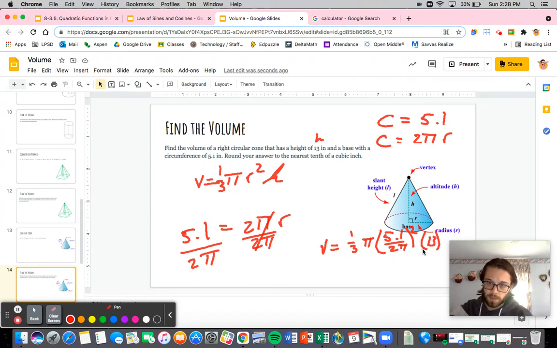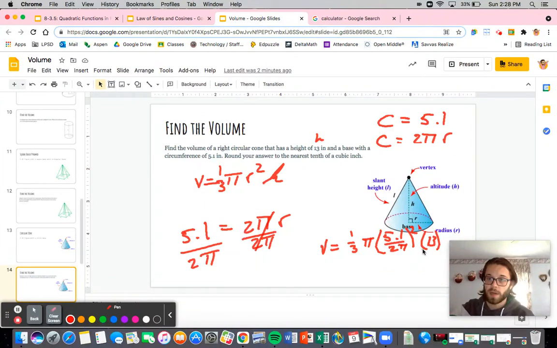Okay. So if you're given that, it is a little bit more work, but I'm just going to plug it in. All right. So I'm going to do pi divided by 3 times 5.1 divided by 2 pi, squared, times 13.